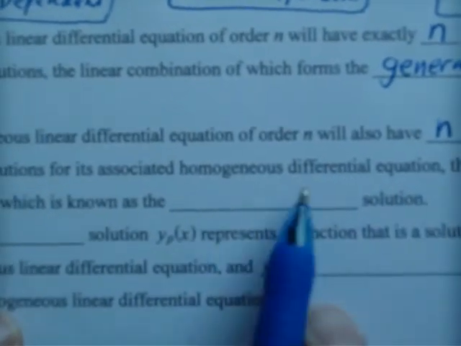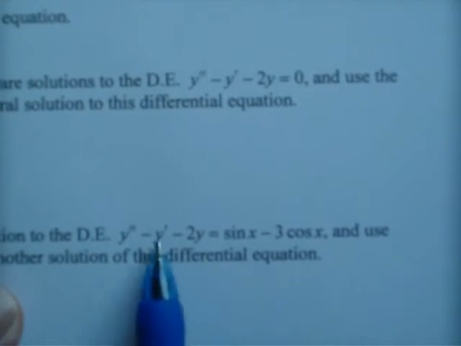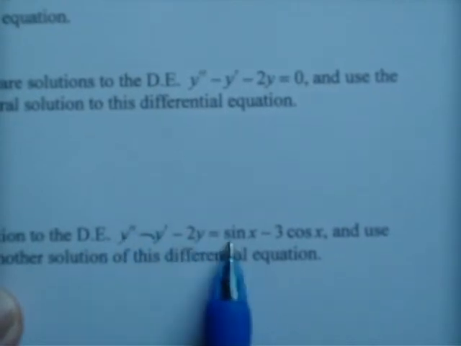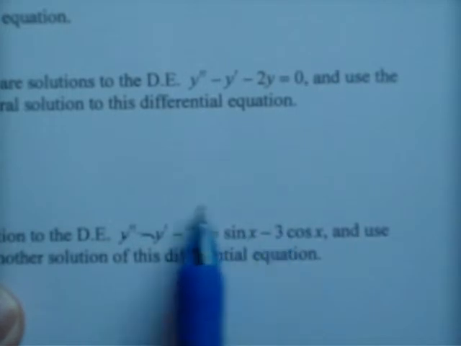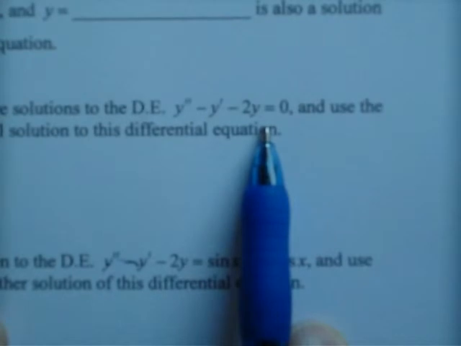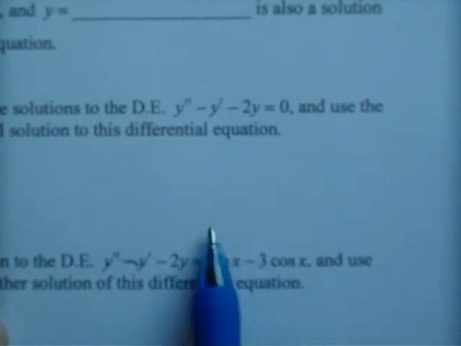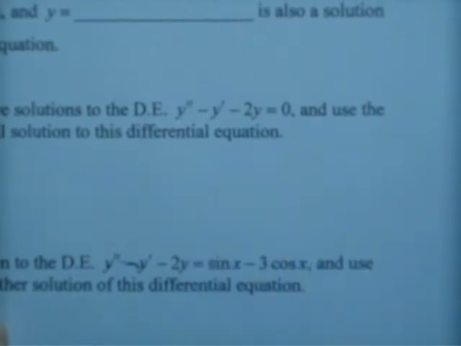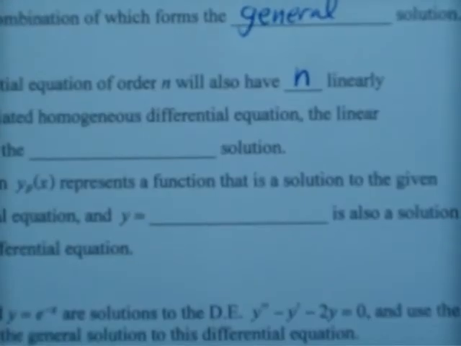And by associated homogeneous differential equation, all I mean is, if you have a differential equation like this, this is not homogeneous because you have some function over here that's not 0. This differential equation's associated homogeneous differential equation would be this one up here, where the right-hand side is 0. Just replace the right-hand side with 0. That's the associated homogeneous differential equation.